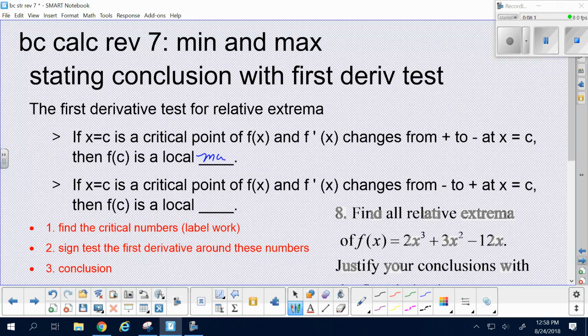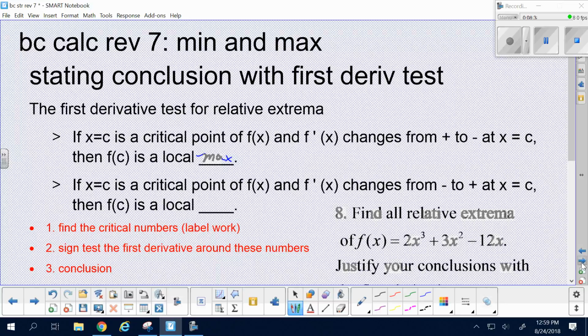Max. All right, now, this is going to be a little bit of difference between me and Ms. Cannon in some problems. When you state the first derivative test, I don't want to hear "f changes slope from positive to negative."